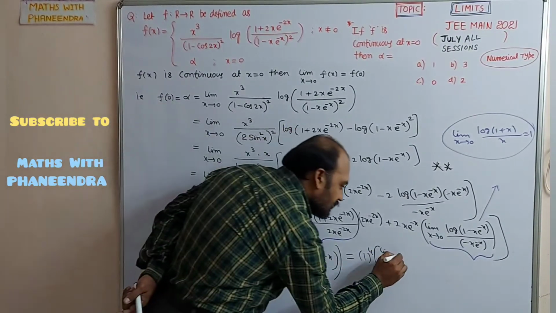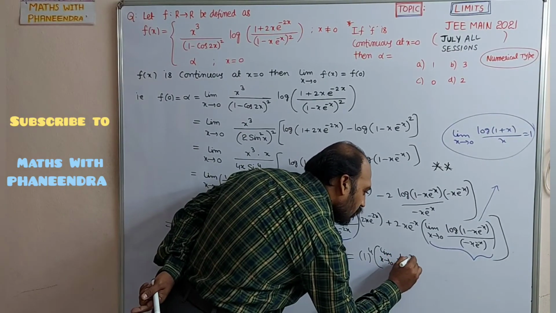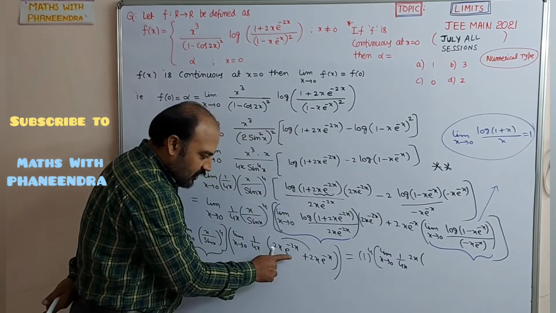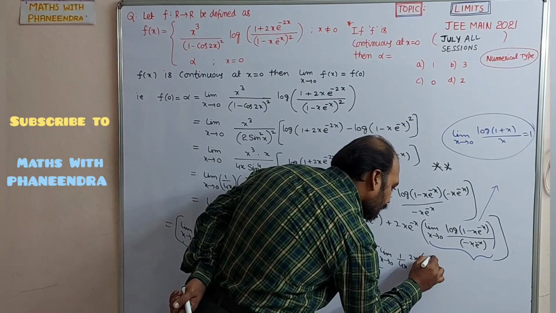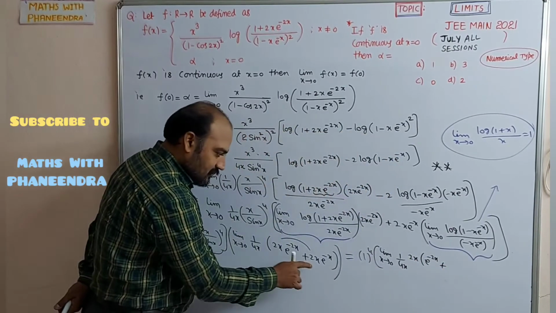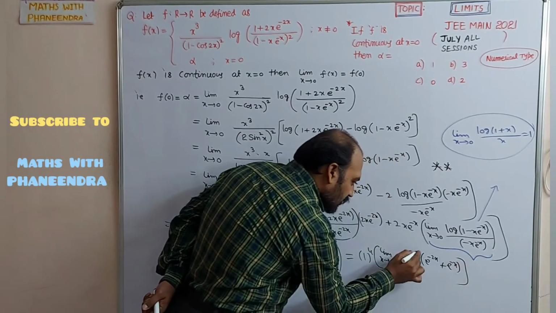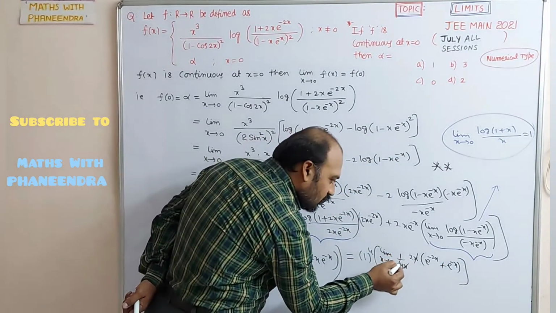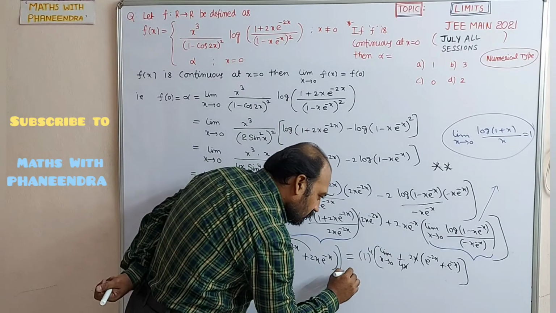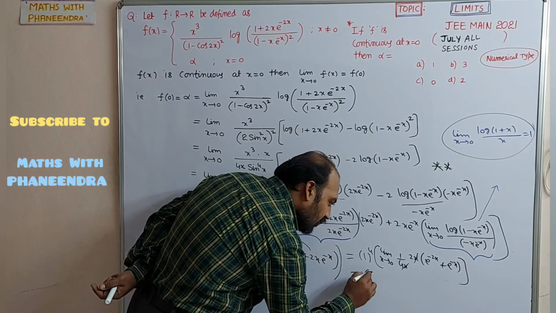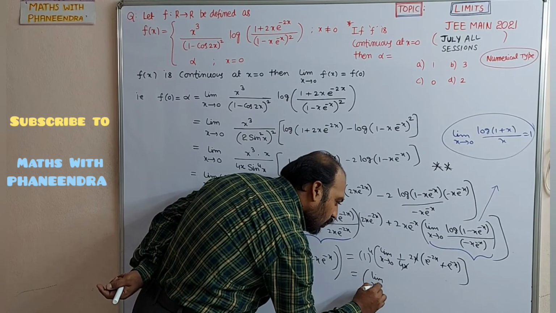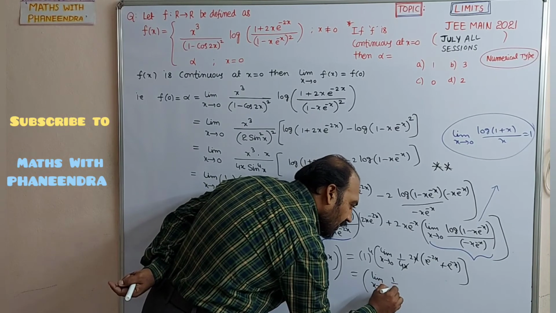Limit x tends to 0, 1 by 4x, 2x we are taking common, e power minus 2x plus e power minus x. So here x cancels, 2 1s are 2, 2 2s are 4. So limit x tends to 0, 1 by 2.